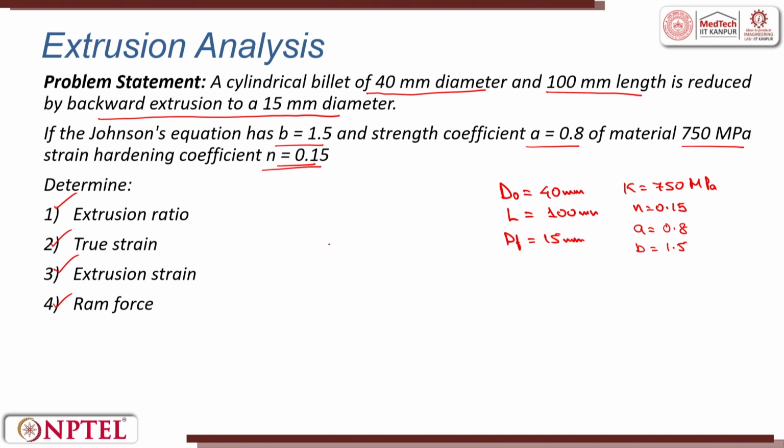So, this is a backward extrusion case where, for instance, this is a container, and here I have a material and there is a ram which is letting the extrudate come out. This is my material inside.